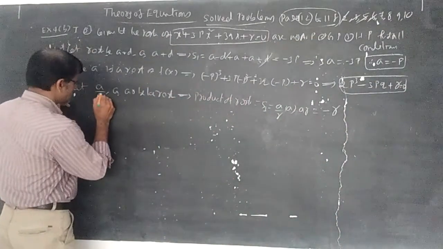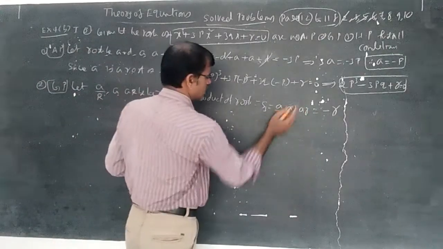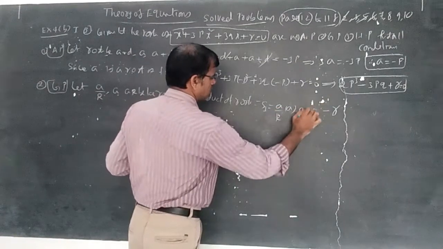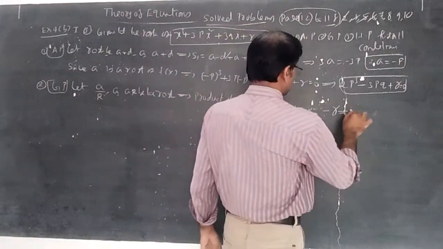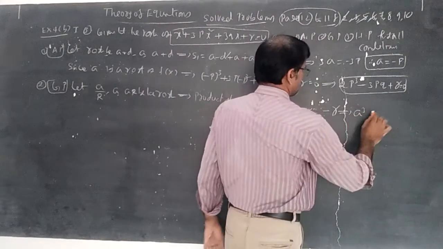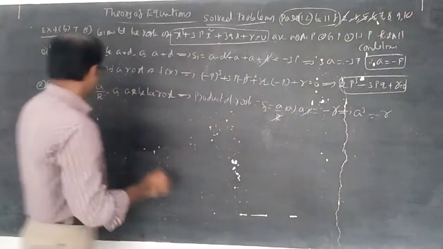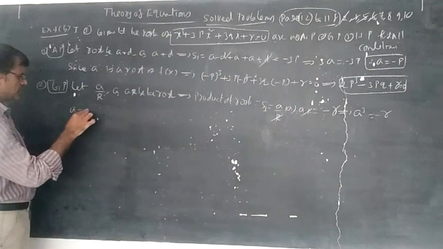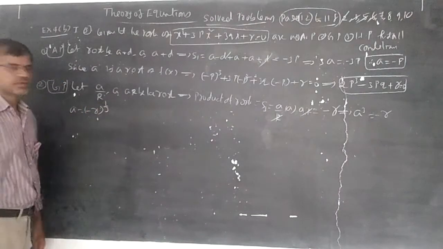Of course, the small r and r will get cancelled. Now a cube is equal to minus r by 1. A cube is equal to minus r. So a is equal to minus r whole power 1 by 3.